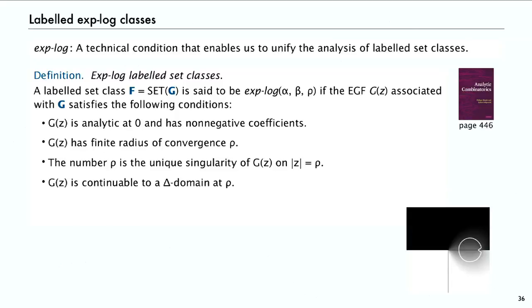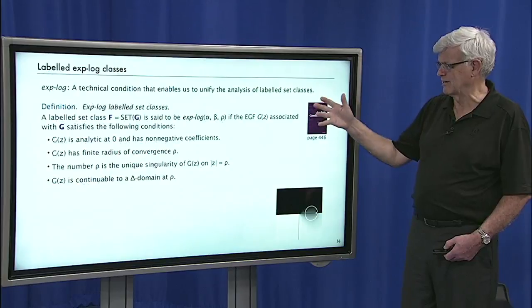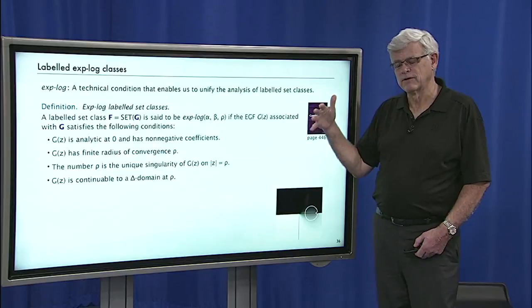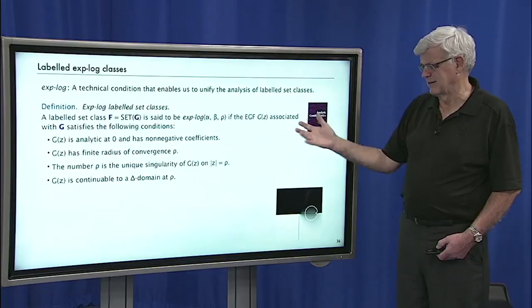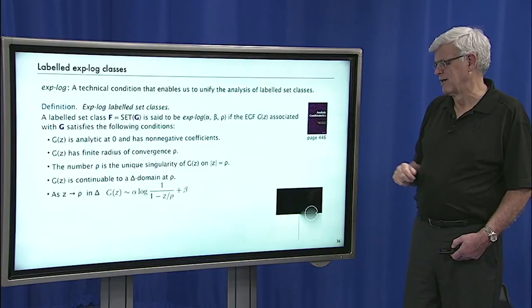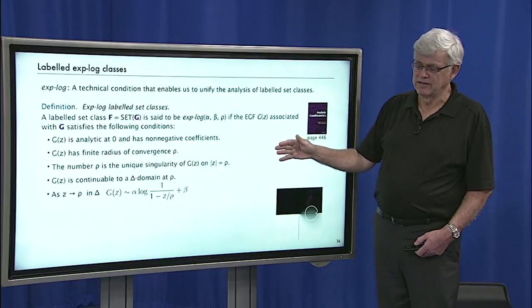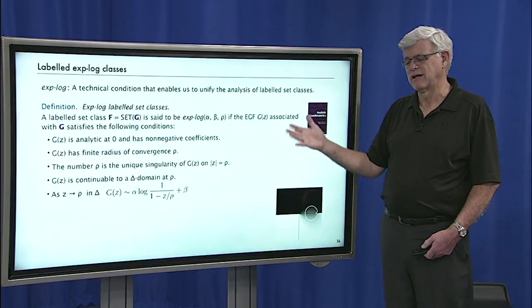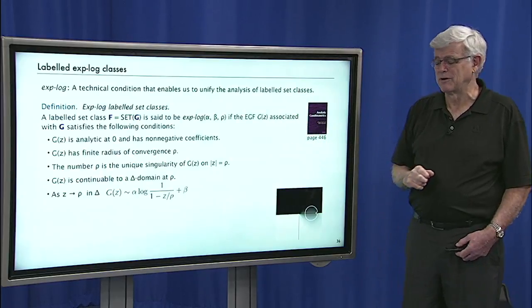And then there has to be a delta domain for the G function at rho. That has to be checked. So these are all technical conditions that are required in order for the singularity analysis proof to go through. And for many applications, these are very easy to establish. And then the other condition, which is not a general condition, but one that holds in lots of applications, is the log part of exp-log.